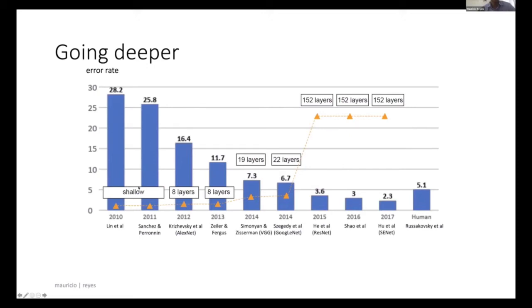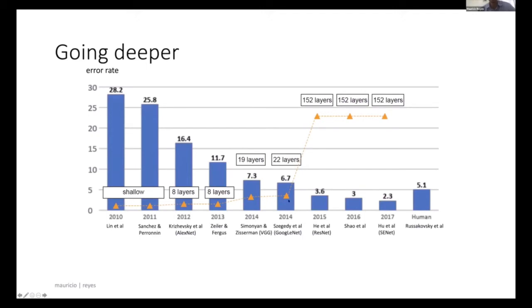So shallow indicates a very, very simple model with few layers. And as we increase the layers from 8 to 19 to 22 and so on, we start seeing a decrease in the error.